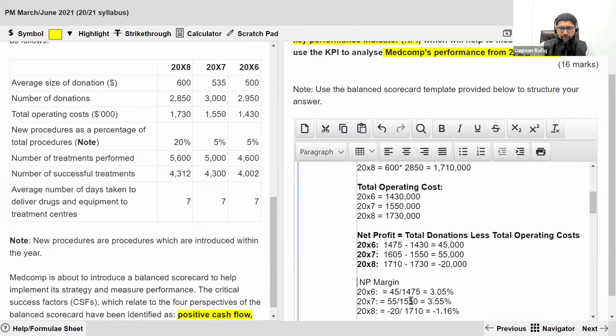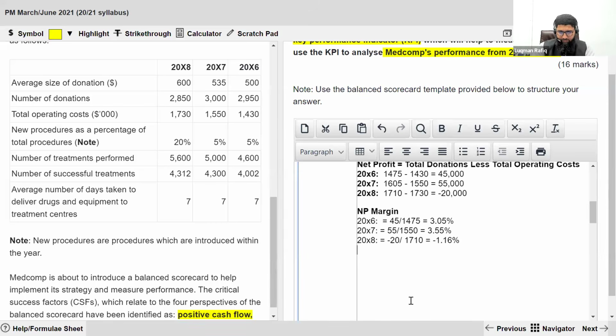Then you would do this calculation and comment on it.